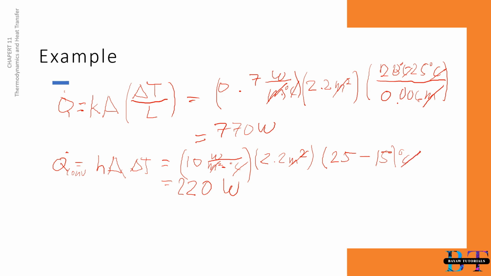And then next, under the steady condition, the heat transfer through the cover by conduction should be transferred from the other surface by convection and radiation. That is, the rate of heat transfer by radiation is equal to the heat transfer by conduction minus the heat transfer by convection.